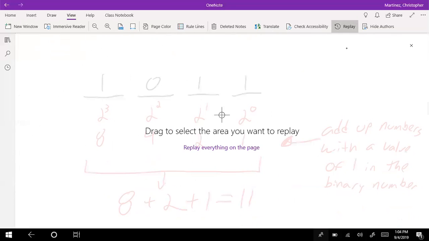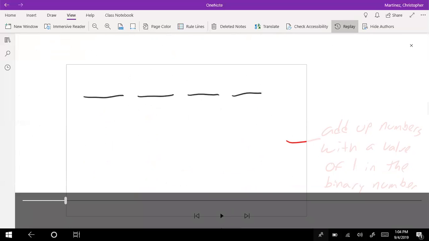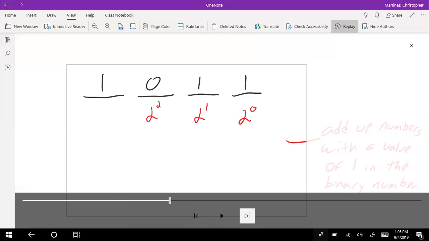All right, so let's look at this example I have right here. So we're going to start off with a 4-bit number. I'm going to give that 4-bit number the values of 1, 0, 1, 1. All right, we're going to write down the weights underneath. So the first weight is 2 to the 0, 2 to the 1, 2 to the 2, 2 to the 3.